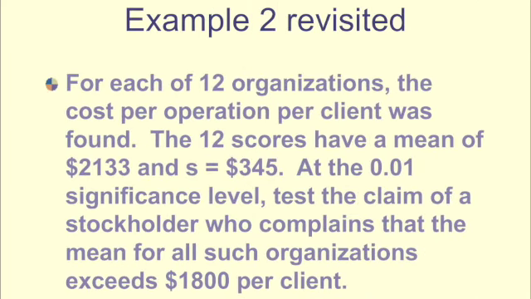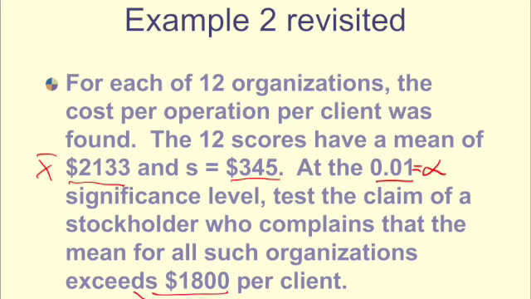Let's take a look at this example again. For each of the 12 organizers, we said 12 scores have a mean of 2,133, a standard deviation of 345, and at the 0.01 significance level, okay, we want to test the claim of a stock doctor who complains that the mean for all such organizations exceeds, so is greater than, 1,800 per client.